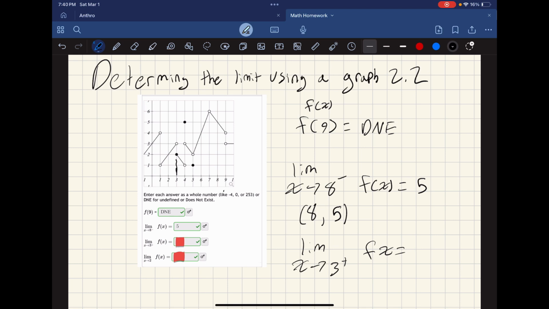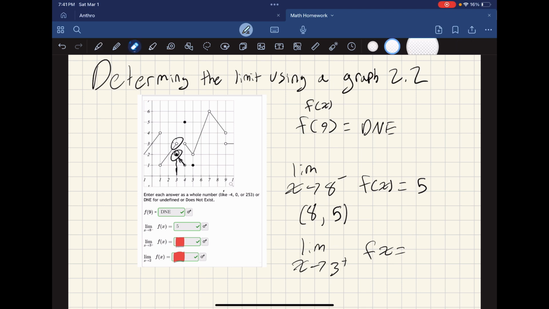We see here we have an open circle, a closed circle, and an open circle at 3. For this instance, we're finding the upper aspect, so all numbers above 3 approaching. We'll be looking at it from this direction. As x approaches 3 from the upper bounds, it's going to end up in this closed circle right here.